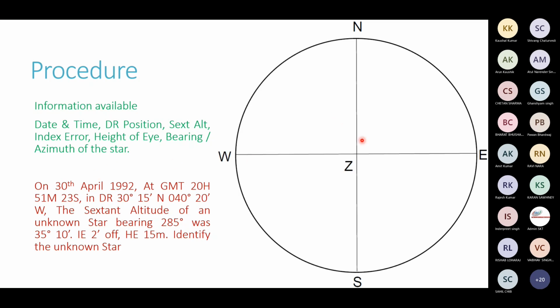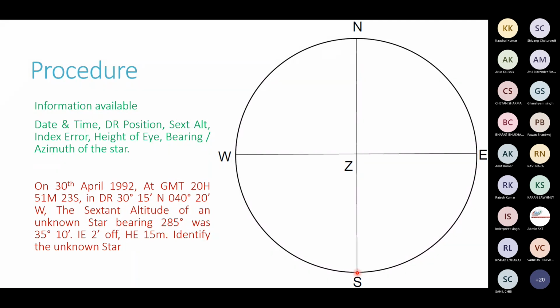Now we are aware in the rational horizon diagram, at the center we have the zenith of the observer. The circumference represents the rational horizon of the observer. And you see these 4 points representing the directions. Right on top, you have the north point. 90 degrees to its right, you have the east point or 090 bearing.